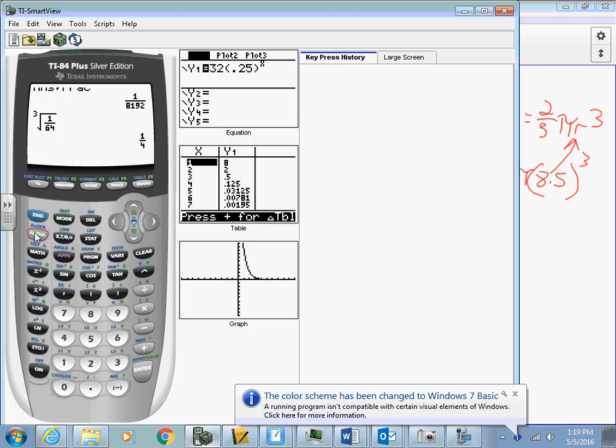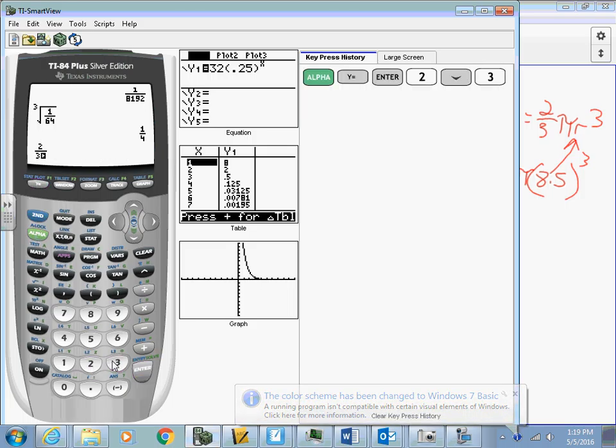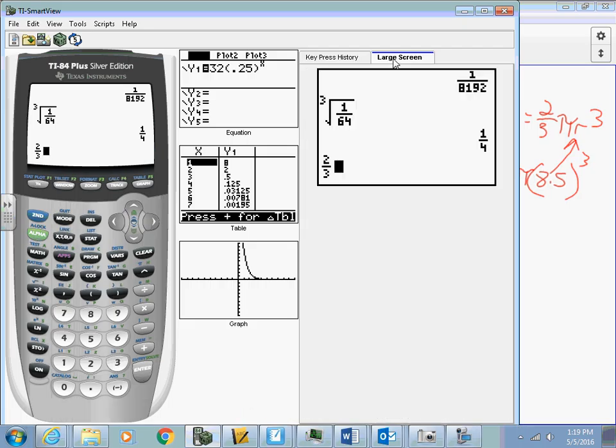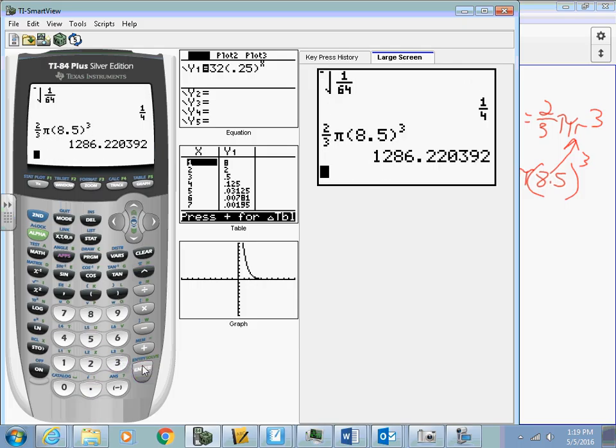I'm going to use alpha y equals to get my fractions. I'm going to do 2/3, then pi, in parentheses, times 8.5 to the third. Enter.